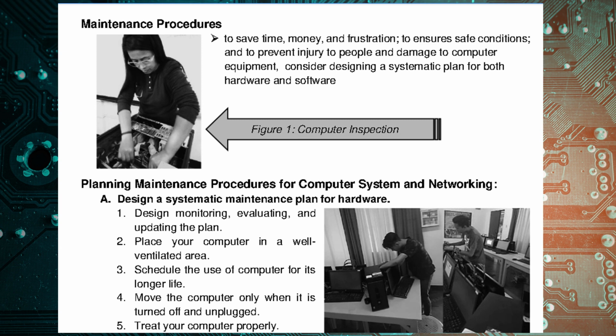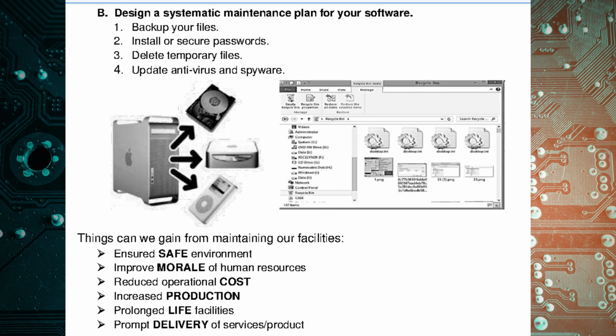First, design monitoring, evaluating, and updating the plan. Second, place your computer in a well ventilated area. Third, schedule the use of the computer for its longer life. Fourth, move the computer only when it is turned off and unplugged. Then last, treat your computer properly.